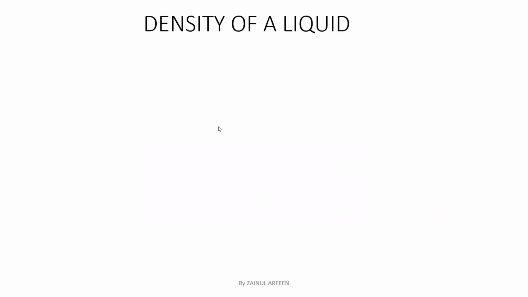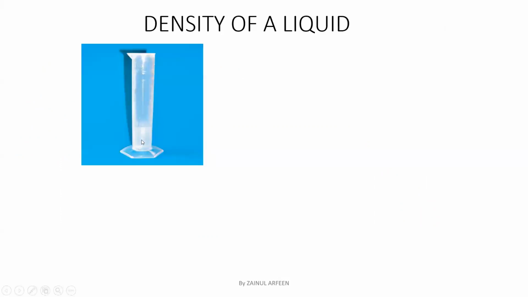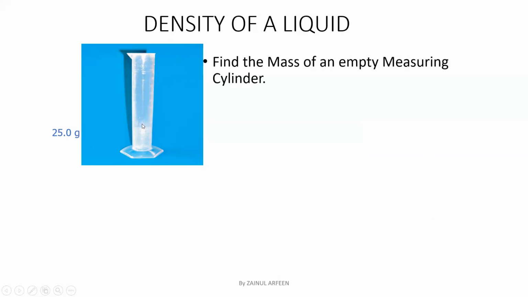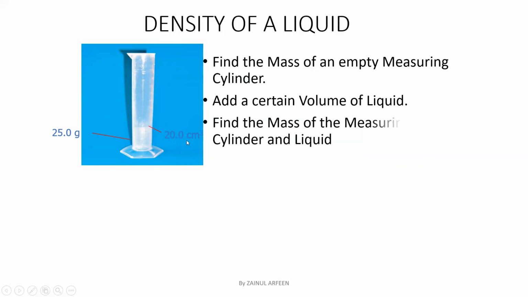So how to find the density of a liquid, I will repeat again. First, we measure the mass of the empty measuring cylinder. For example, in this one it is 25 gram. Then we fill it with liquid, say 20 cm cube of liquid. Then we measure the mass again. The new mass is 45.